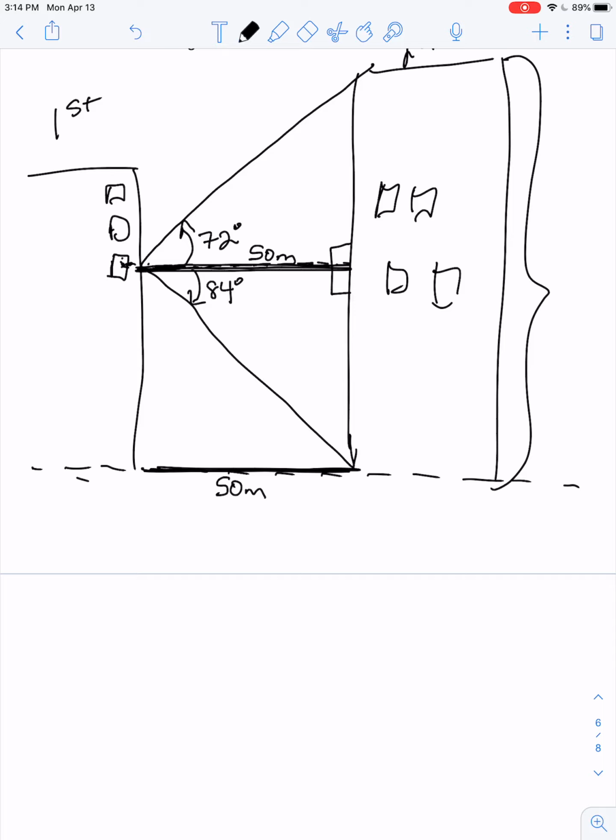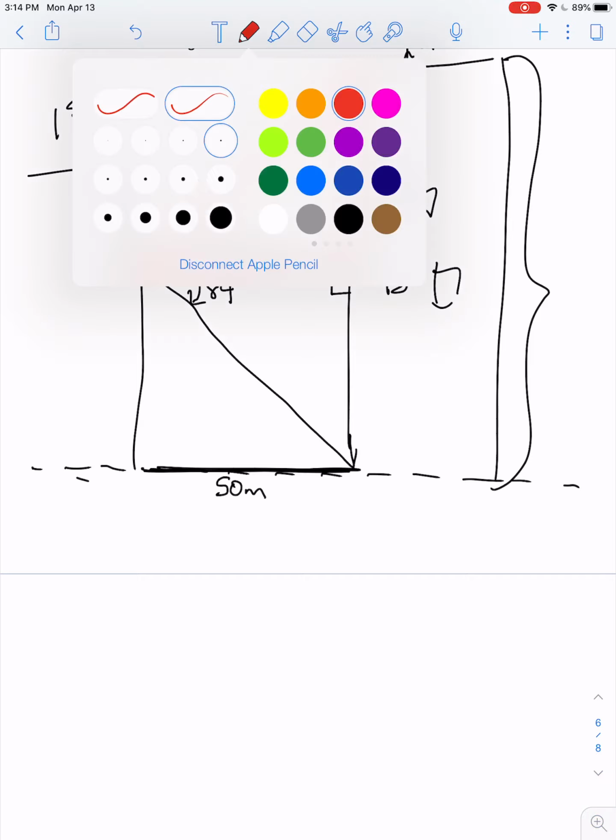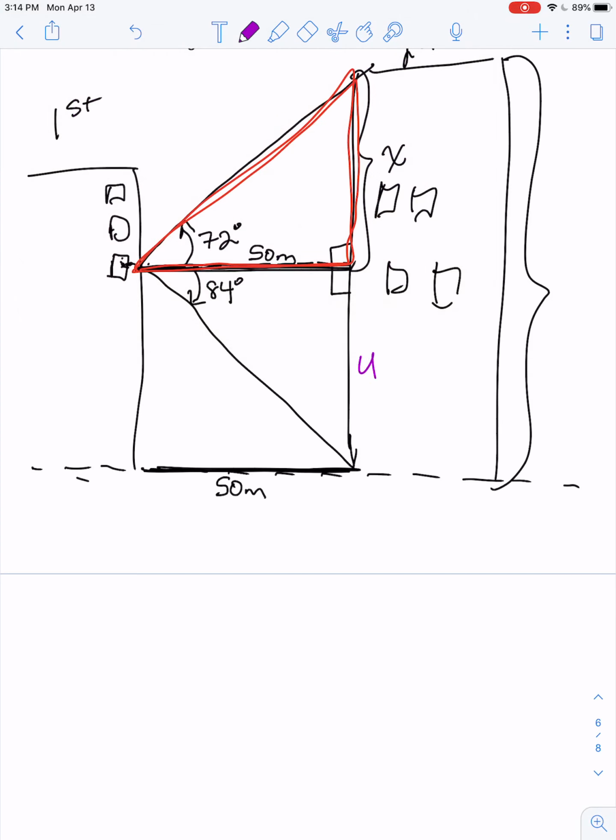Okay, so I'm going to call this distance here x because it is part of this triangle. And I will call this distance here y because it's part of this triangle.